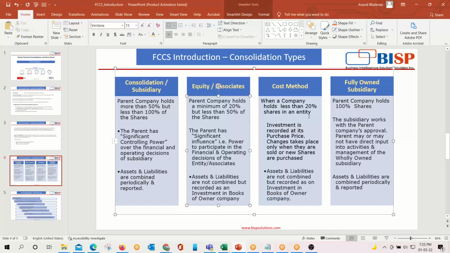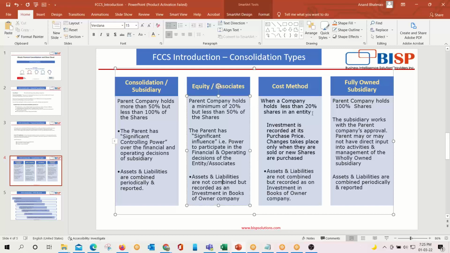And the third method is the cost method, under which, when a company holds less than 20% of the shares in an entity, the cost method is generally applied. In this case, the investment is recorded at its purchase price, and any change in the investment takes place only when shares are sold or new shares are purchased. That is, the investment is shown at historical cost, and no changes are made unless it has been sold or new shares are purchased.